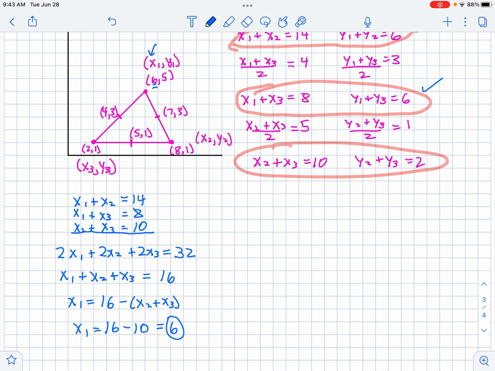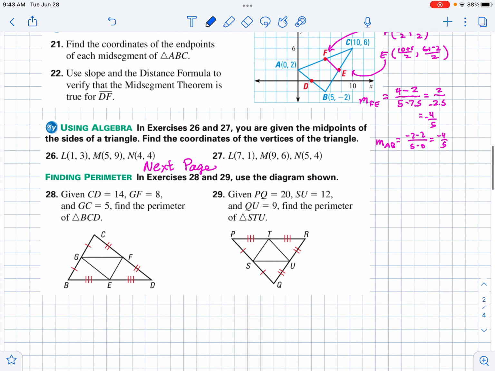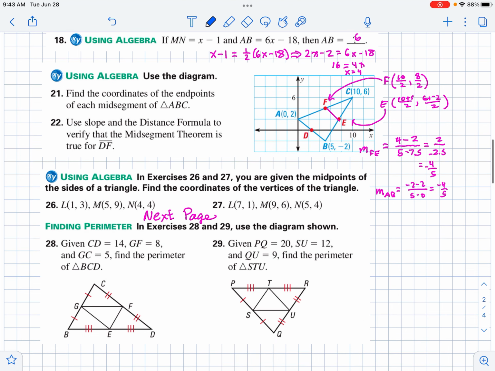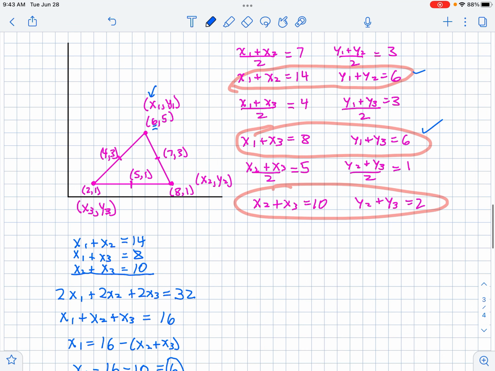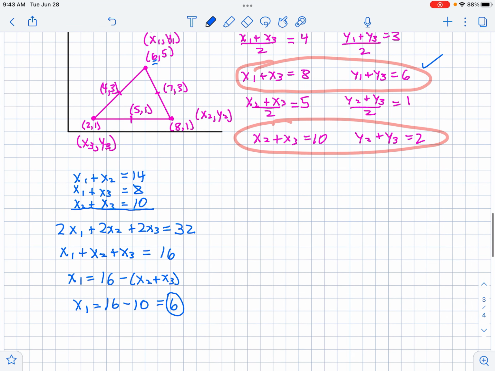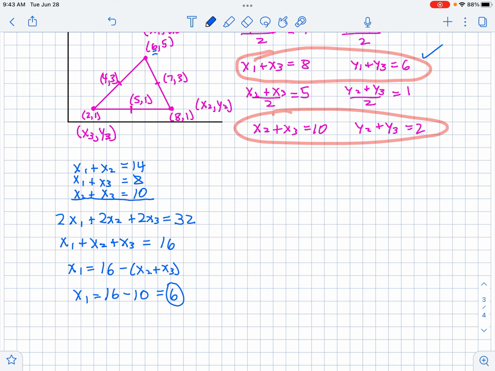Now remember, we're working on problem number 26. We're working to solve this problem. We're not given what the vertex is. We have to find it. But knowing what it is ahead of time, you can see how this works. Okay, now let's find x2. x2 is going to be 16 minus x1 plus x3.